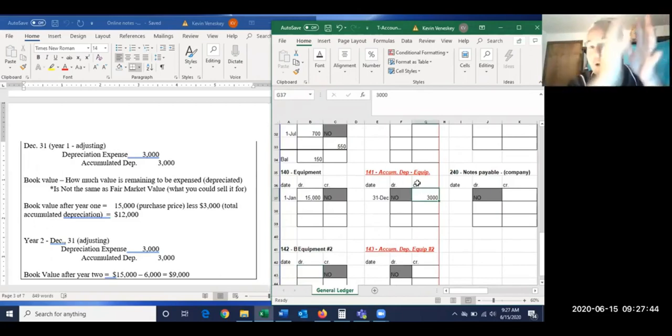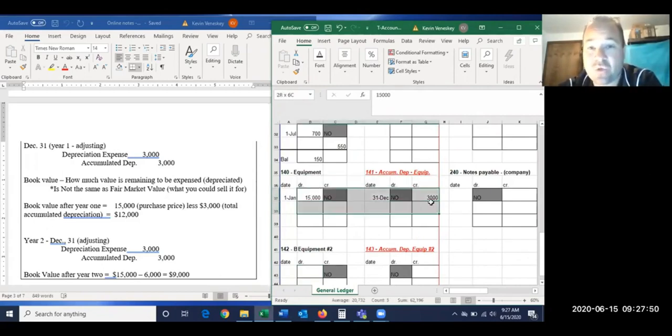Mixed in with the entire whole of the assets, it's really still a negative. So if I would combine these two, I have a value left of $12,000 because this 3,000, even though it's a positive out here on its own, in the whole scheme of things, it's still a negative. So the book value is that $12,000.